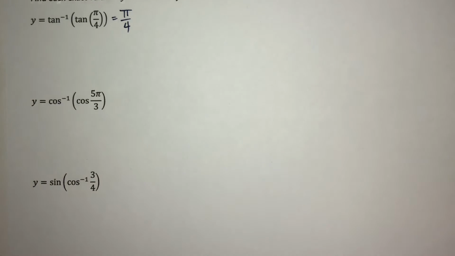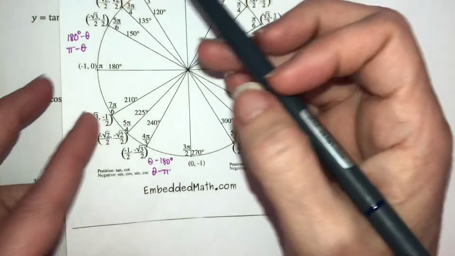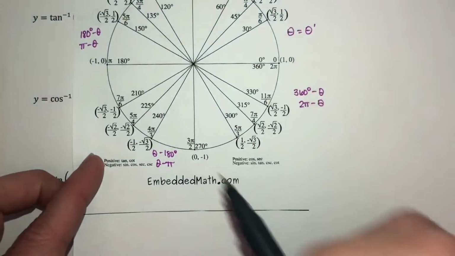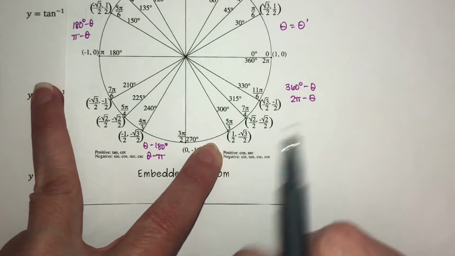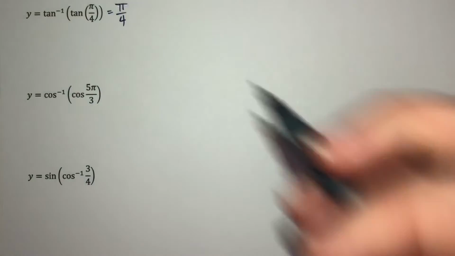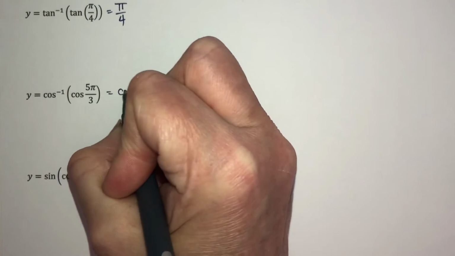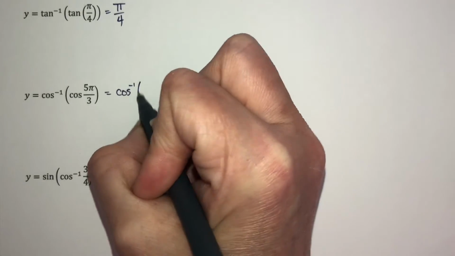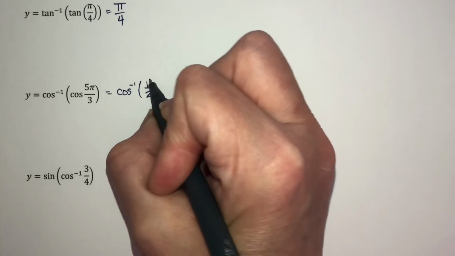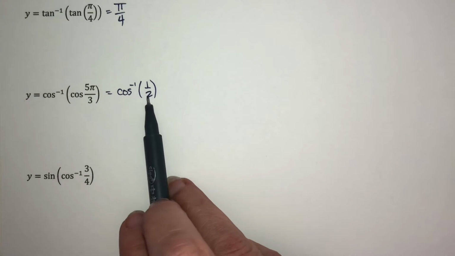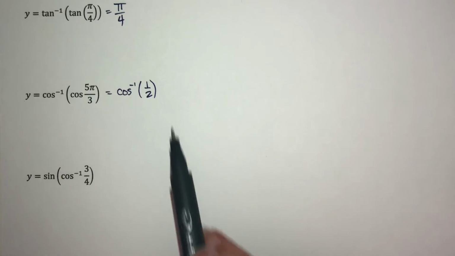Cosine inverse of cosine of 5 pi over 3. There's 5 pi over 3. Cosine of 5 pi over 3 is 1/2. Now, for cosine inverse of 1/2, where does that happen?